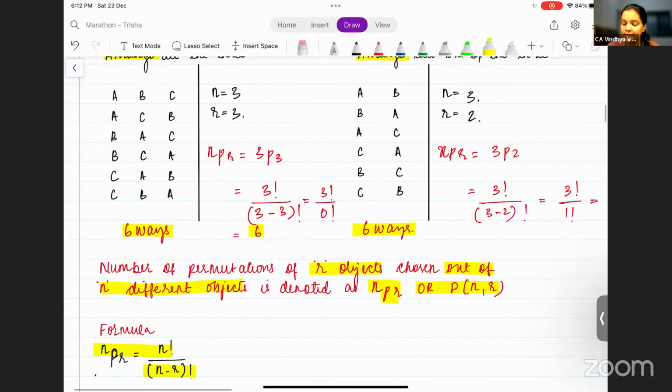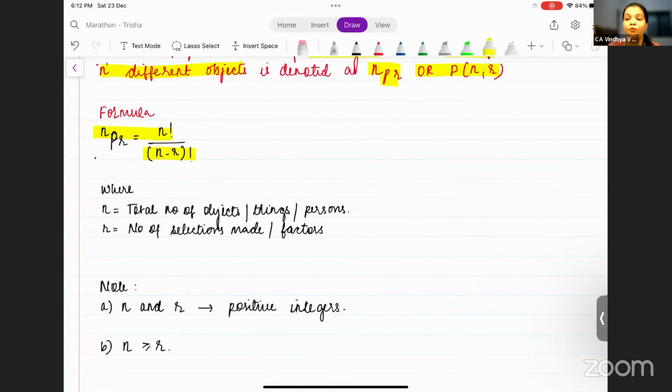All right. So what is n for us? Total number of objects. And what is r? The number of selections that we have made. One more important aspect to understand is that when you consider n and r, the values of n and r should always be positive integers. What are positive integers? Anything which is 1, 2, 3, 4, 5, 6, not minus 1, not 1 by 2.